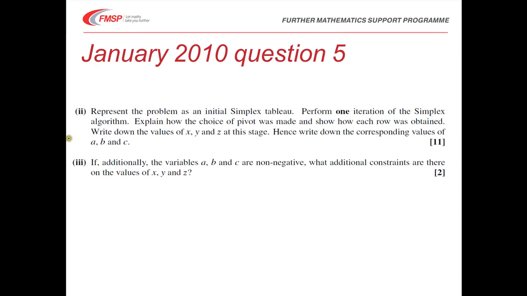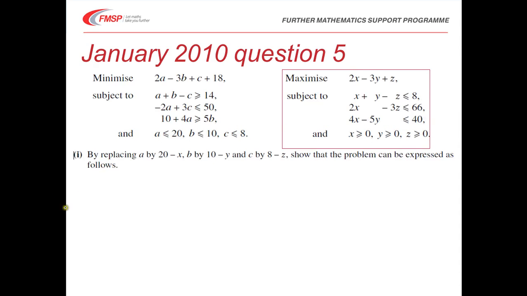So the first part is to try and set up the maximizing problem. It's worth 3 marks. Notice that the performing of the simplex is 11 marks, and then this last little bit 2 marks. So let's see if we can start then on part 1.